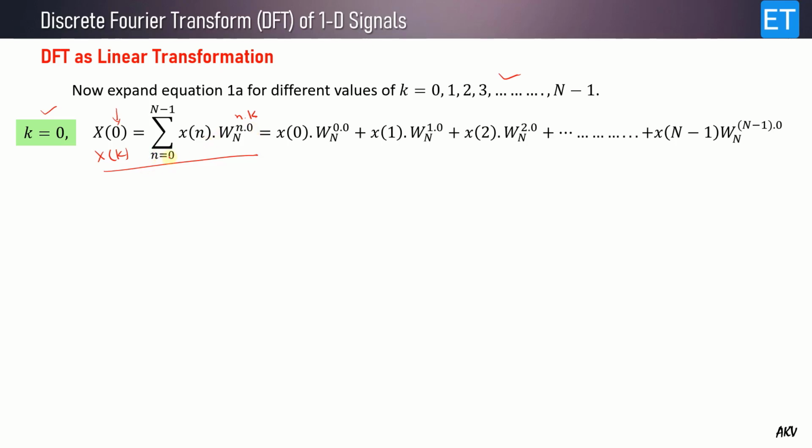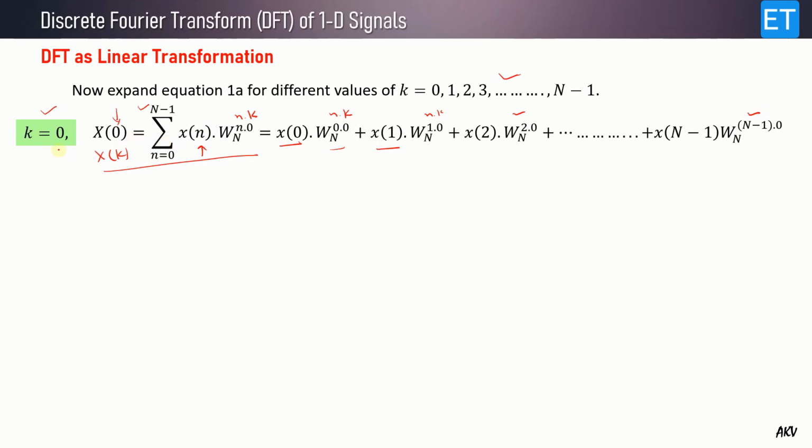I will put n equal to 0, 1, 2, 3 till N minus 1. When I put n equal to 0, I get x[0] and W_N^0,0, where this is n and this is k. Now I will put n equal to 1, so x[1] and W_N^1,0. So simply varying n from 0 to N minus 1. This is how I expanded n for k equal to 0.